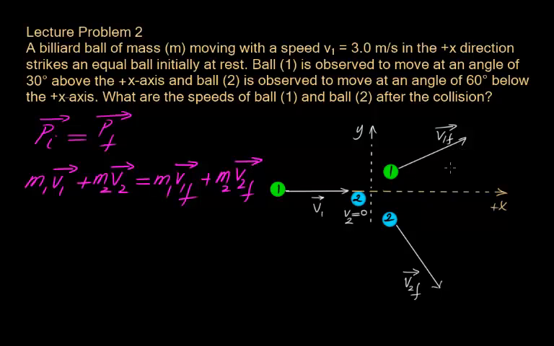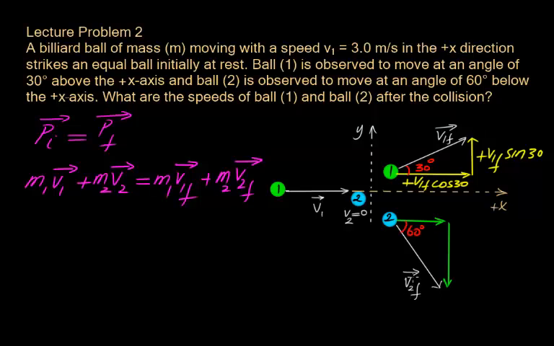Since the velocity v1 final and the velocity v2 final are not lined up neither along the x nor along the y, let's break them into components. The x component for v1 final is positive v1 final cosine the angle 30, and the y component is also positive v1 final sine the angle of 30.